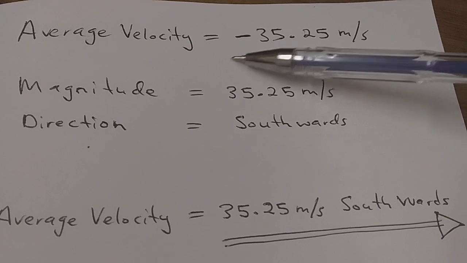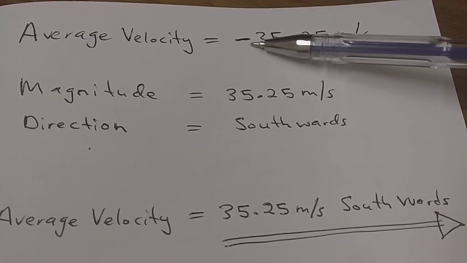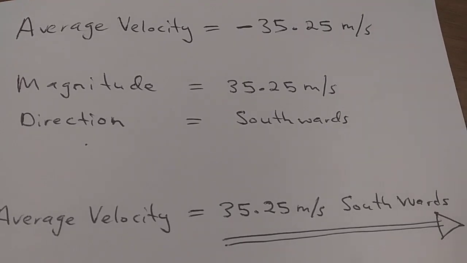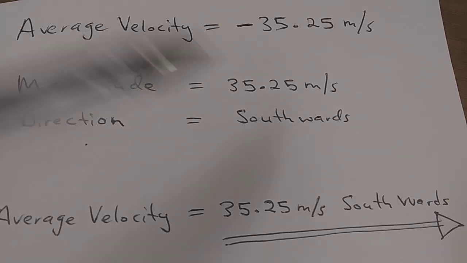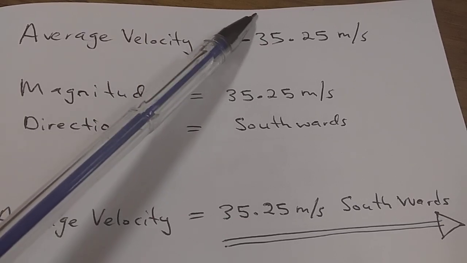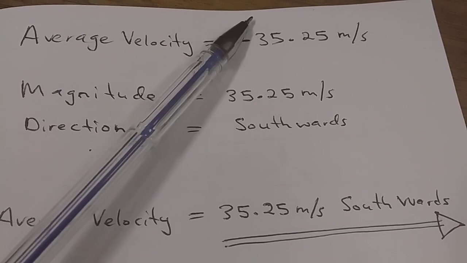So if you are asked what is the magnitude of the average velocity, the magnitude is only the size. You don't include the negative sign. The negative is not part of the magnitude. It's just showing you the direction.